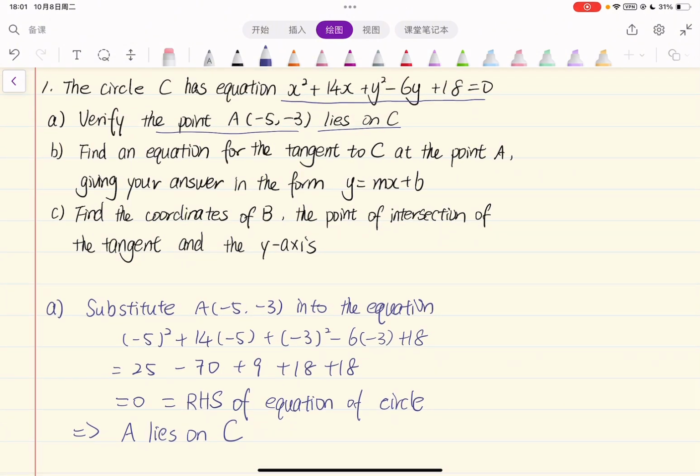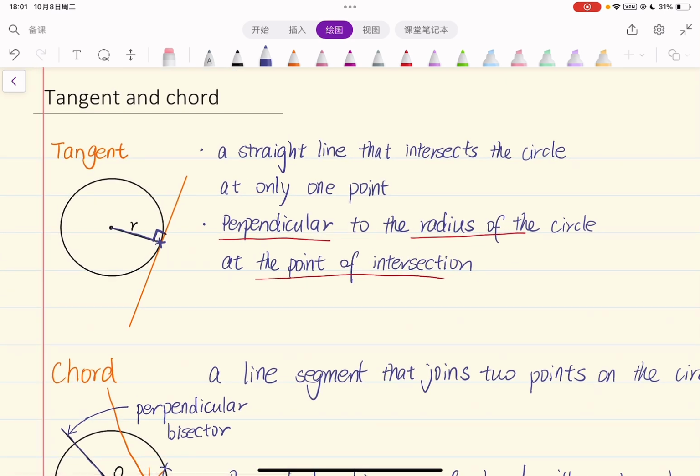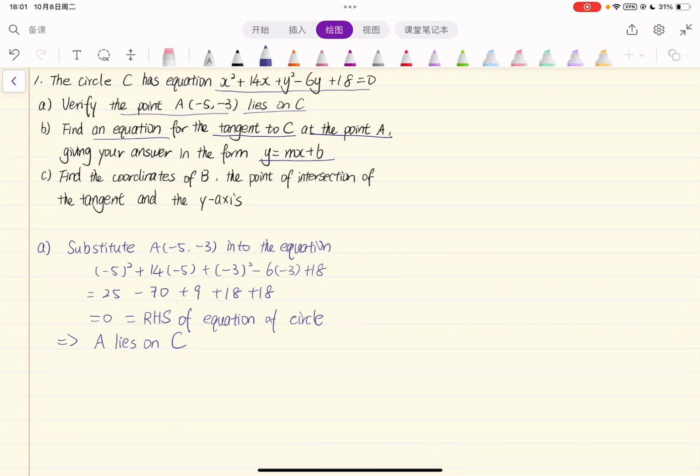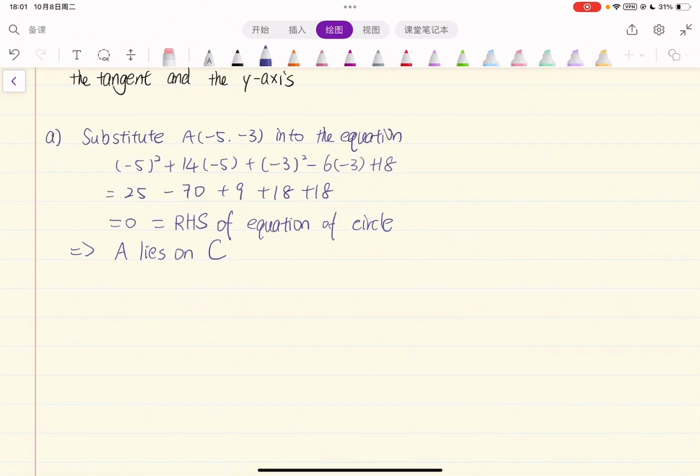Now let's see part B of the question. It asks you to find an equation for the tangent to C at the point A and give your answer in the form y equals mx plus b. For the tangent, what do we know? We know the line intersects the circle at the point and it's perpendicular to the radius. The question said that the tangent meets the point A, so we know the point of intersection.